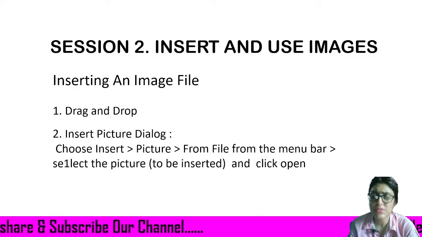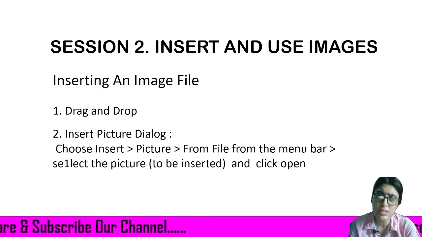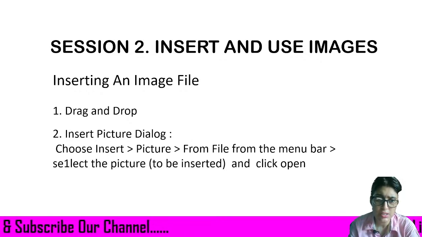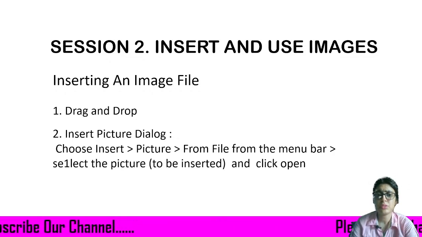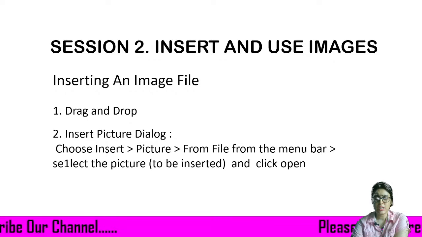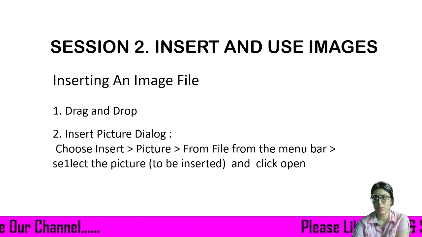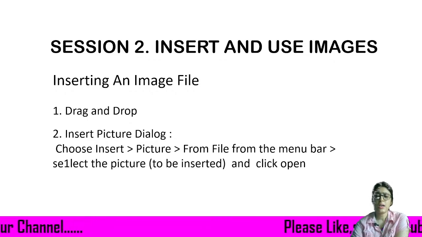First one is drag and drop, and second one is the insert picture dialog box. Using that you can choose your picture from any file present in your computer system, and you can insert that particular picture.